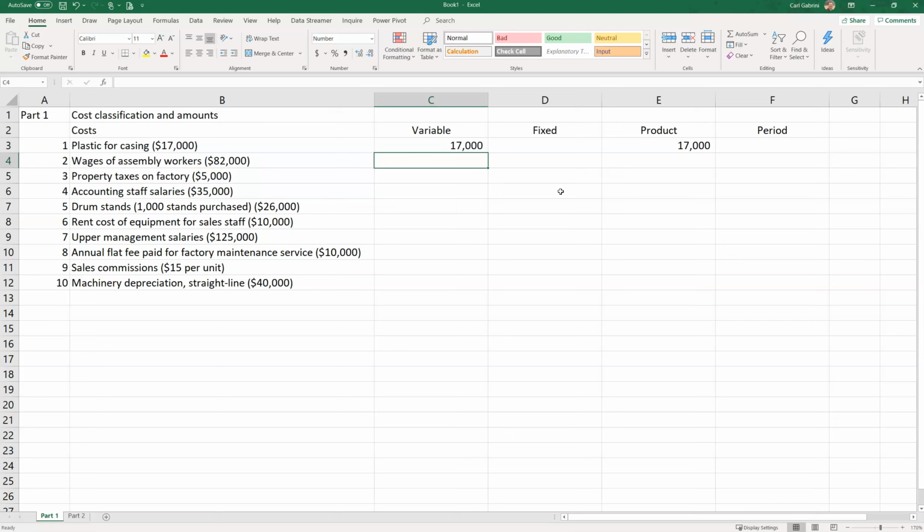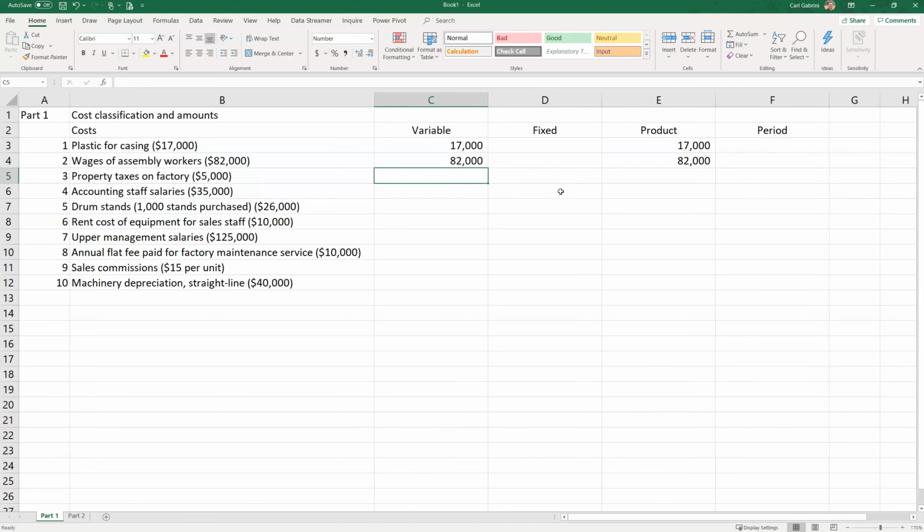So the amount of money spent on assembly workers is going to vary with the production quantity of the drums. And so the $82,000 in cost is going to be variable. And it's also, again, going to be product because it's tied directly to the product itself.